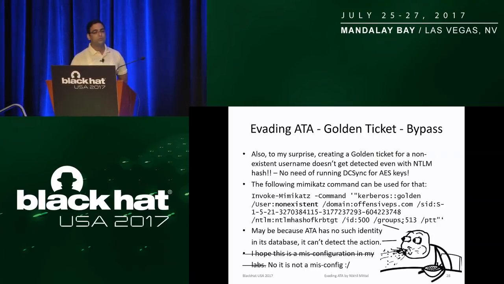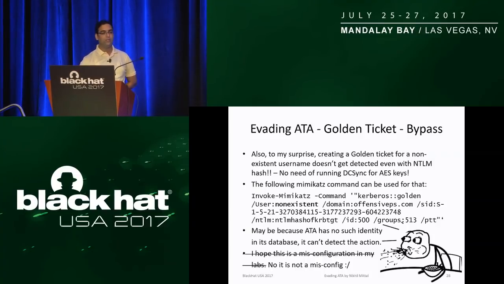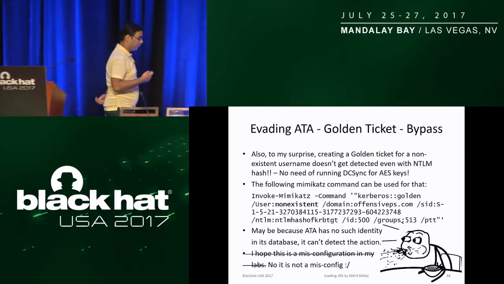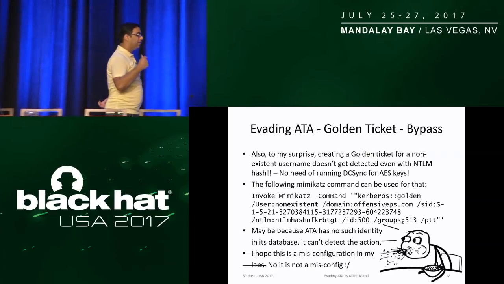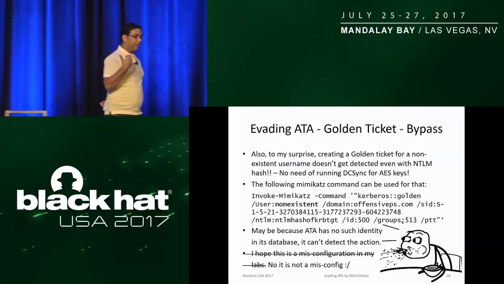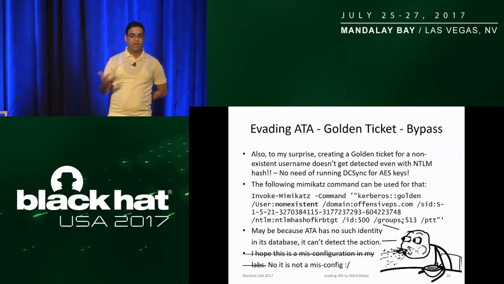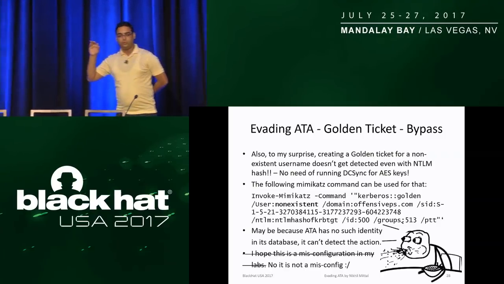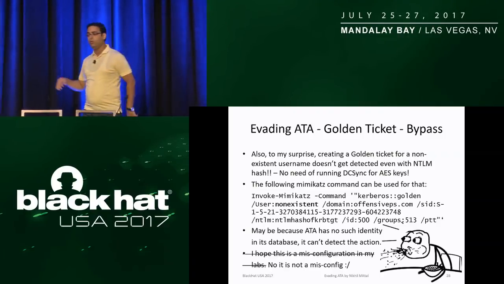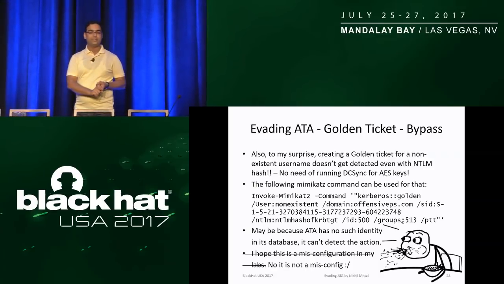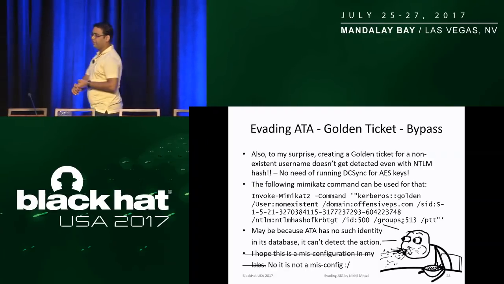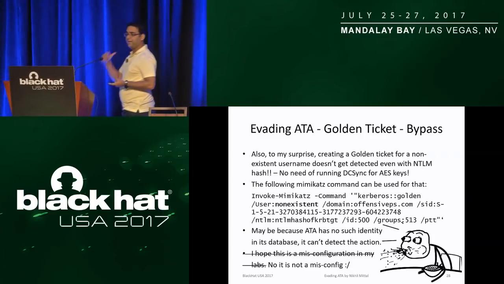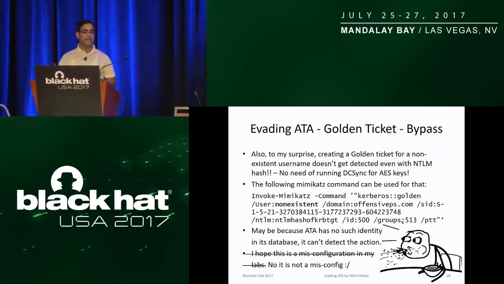So how does this work? In the command, the usual one, you simply use something like this. And this is very interesting because in my class I had questions like, if we cannot retrieve the AES keys somehow, because DCSync is one of the best methods, given I have to give this to ATA, no matter from where you run DCSync in the same domain, at least for me, I couldn't find any way to not get detected.